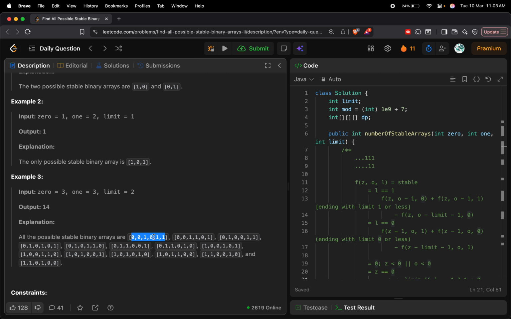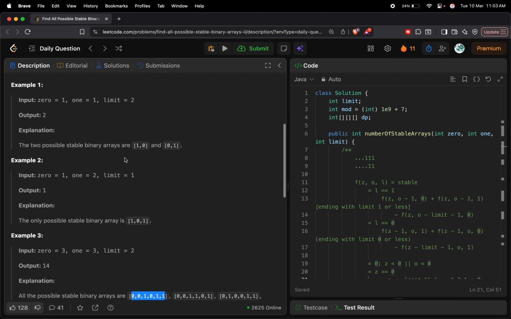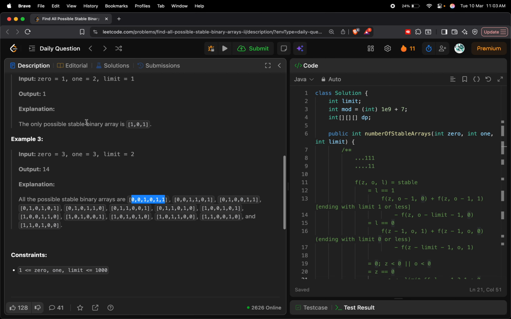So this is a valid stable binary array. If you clearly observe, the limit is 2 and the consecutive occurrence of 0 is not exceeding the limit. That is one key observation which you have to derive from the problem statement.